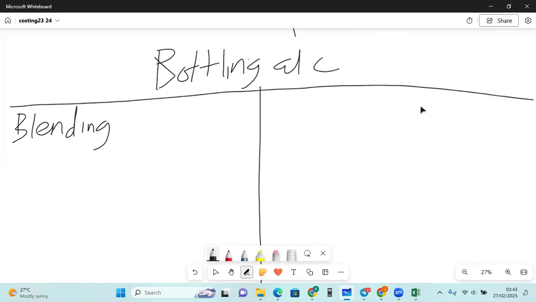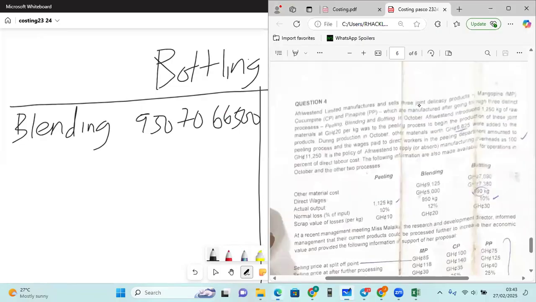So it was 950 at 70. We had 6650. Then additional materials were introduced: 7090, and 7380 for wages.